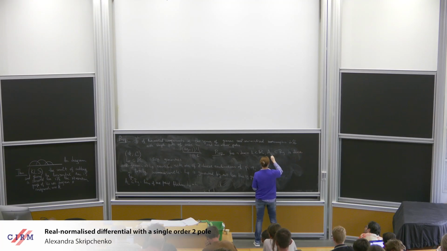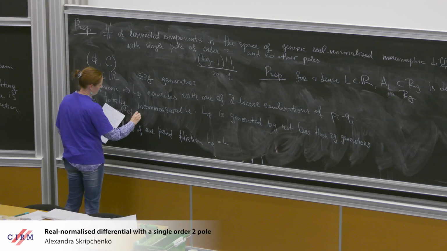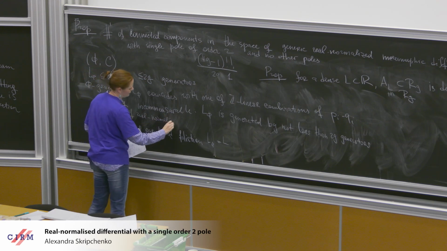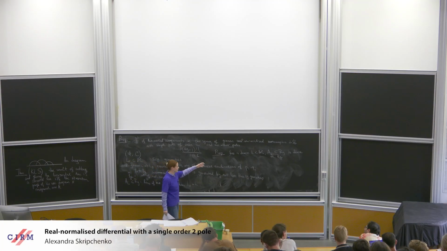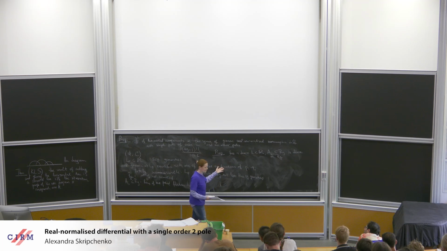So our locus is dense in the set of all pairs, the set of real normalized meromorphic differentials. So if L is dense, then A_L is dense as well. And L is very often dense, as we discussed, if we put this incommensurability condition.